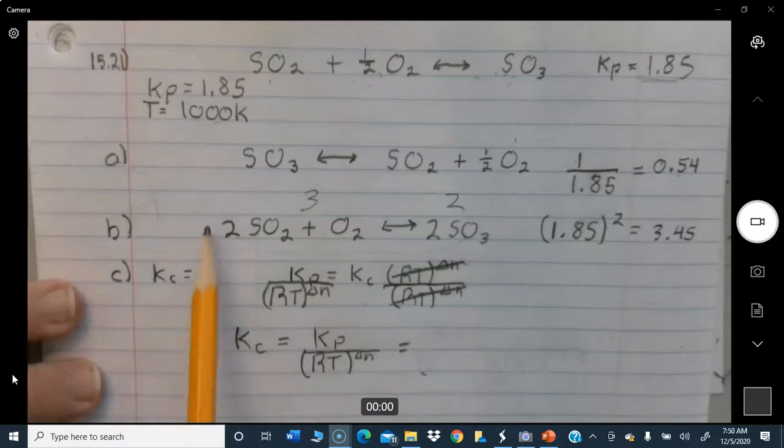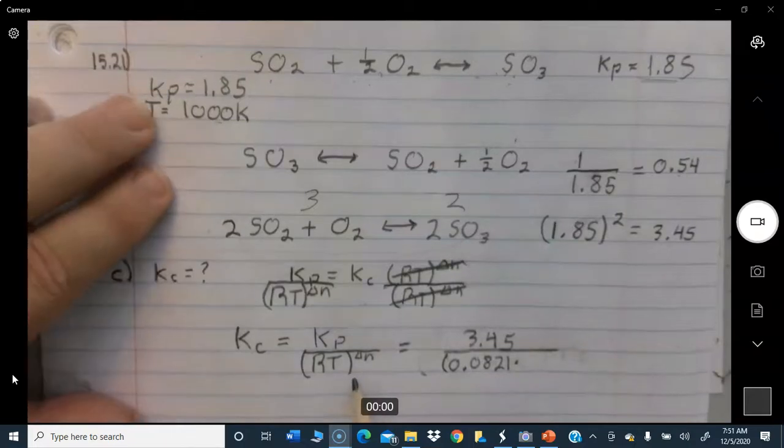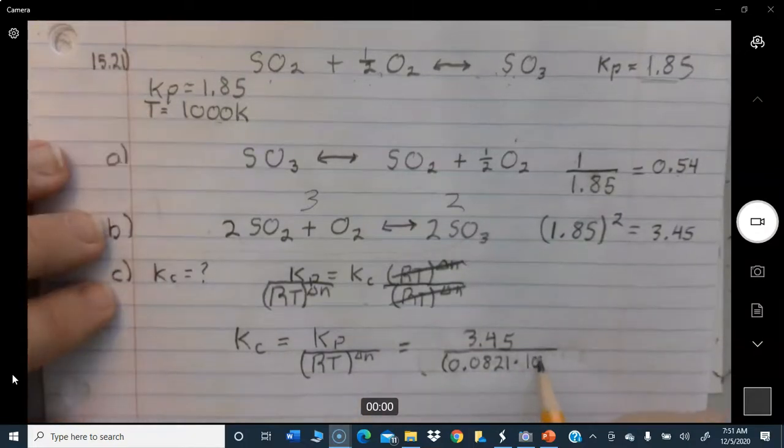So Kp for part B is 3.45 over RT. And the temperature is 1,000. It's already in Kelvin.